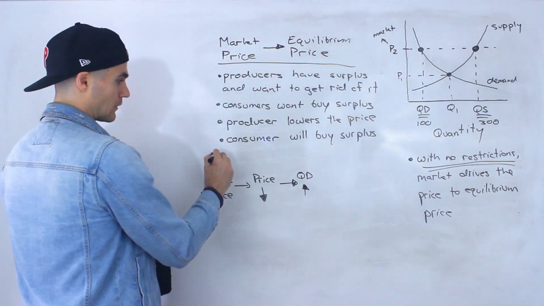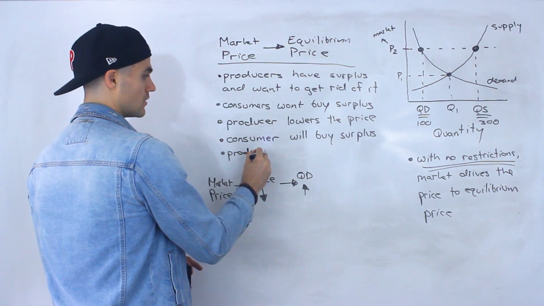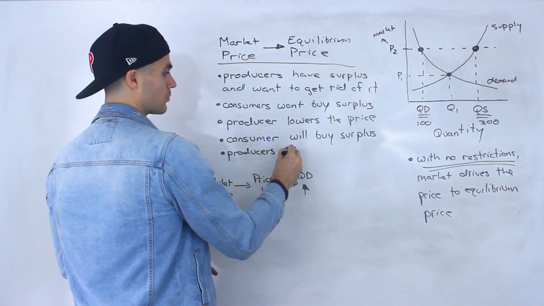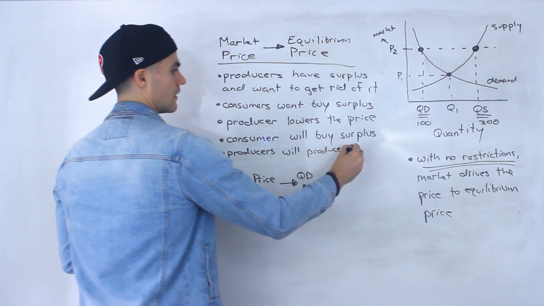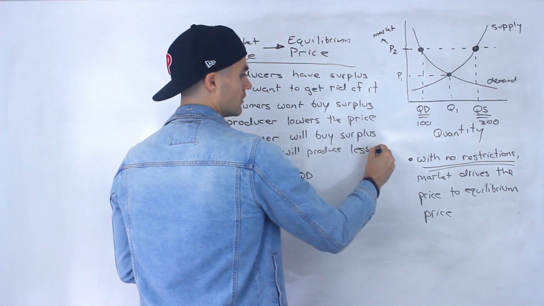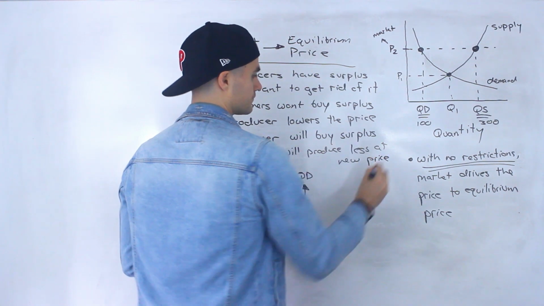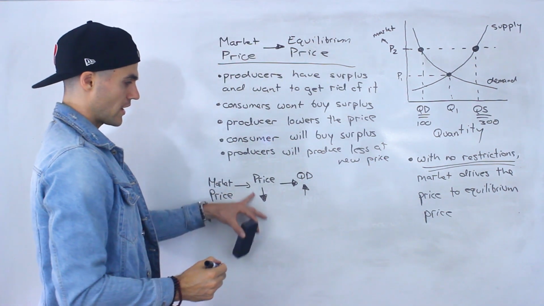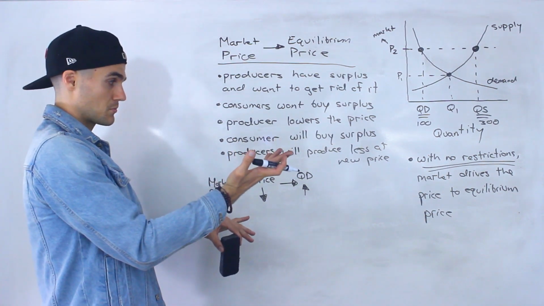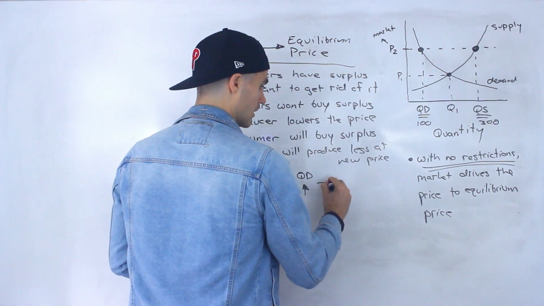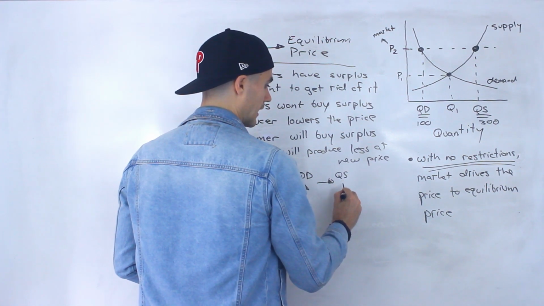But now at that lower price, producers will produce less in the future at the new price. So the price went down, the producer lowered the price, the quantity demanded went up, consumers are buying now. But at that price, the quantity supplied is going to go down.